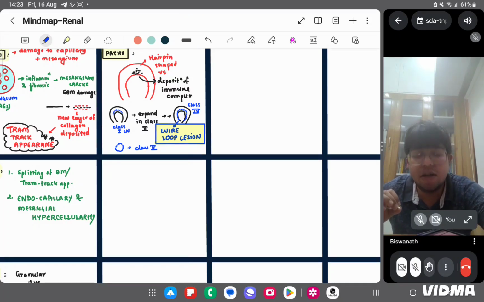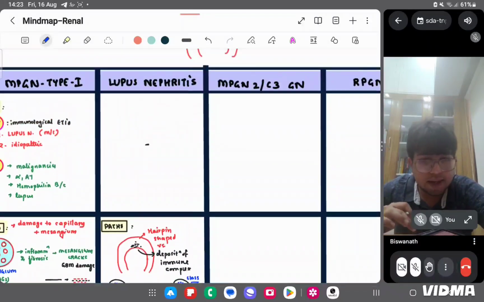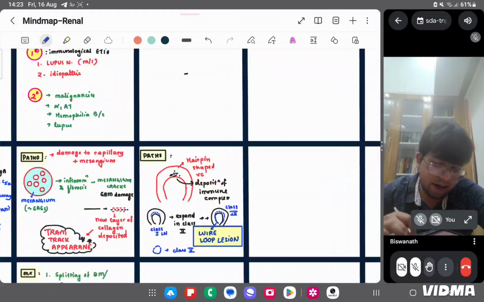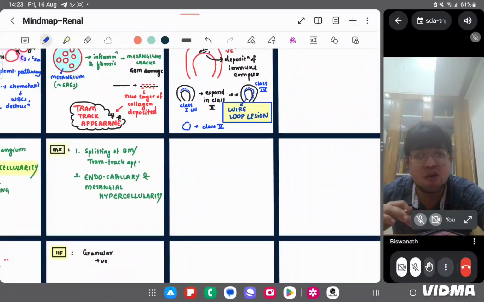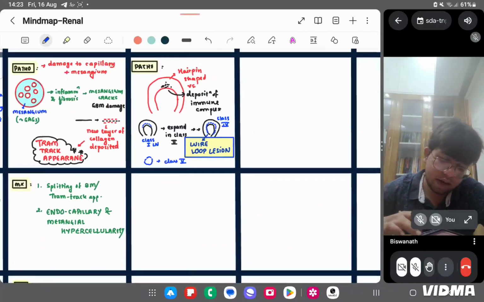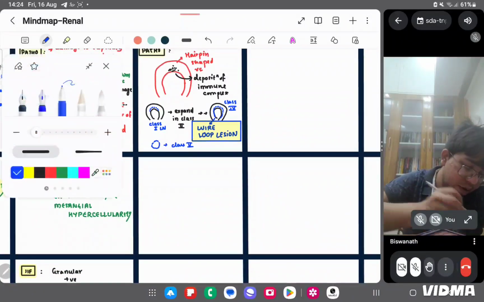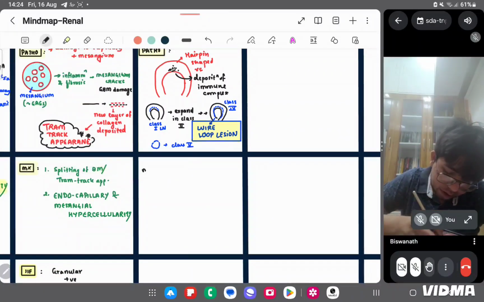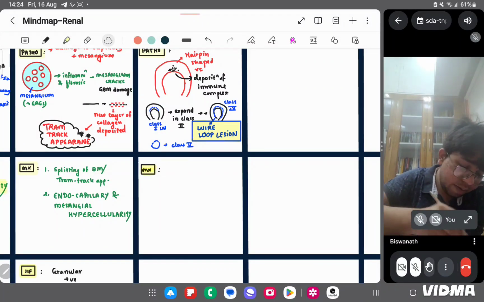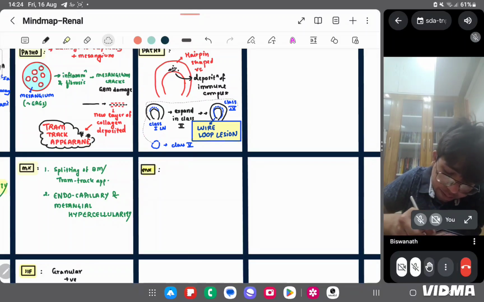We'll name the classes now in the special point section, but let's first move to the microscopy. Again, the microscopic finding is just the same. These parts have been considered in microscopy as well.